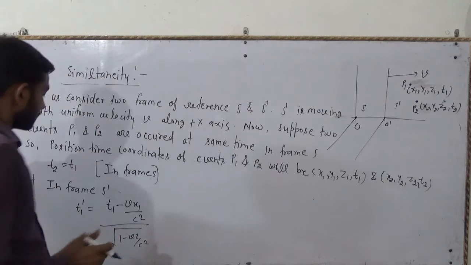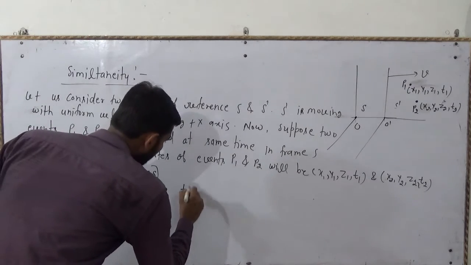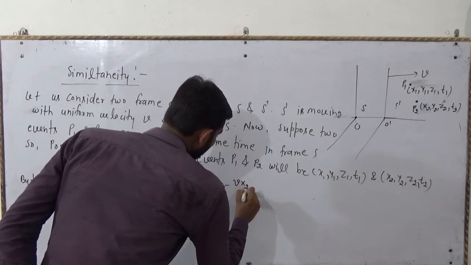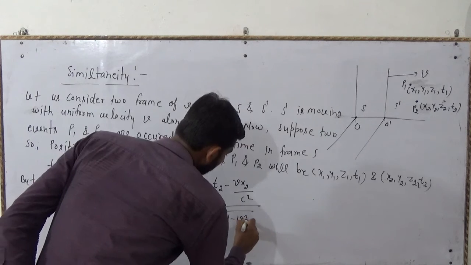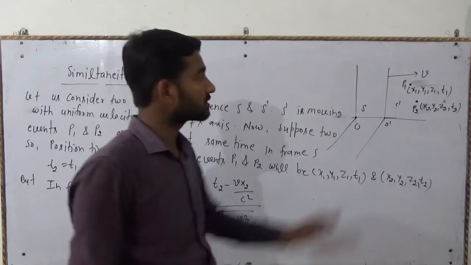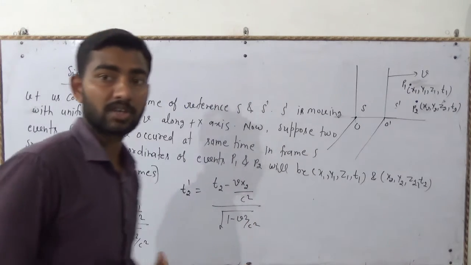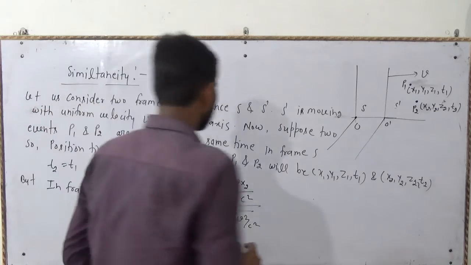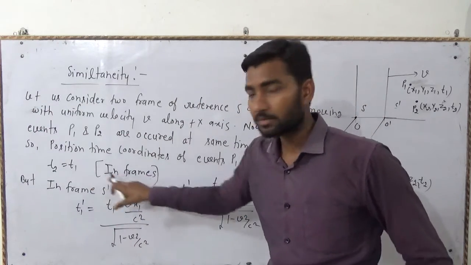Similarly, the value of T2 dash will be T2 minus V x2 by c square upon under root 1 minus V square by c square. These are the time coordinates in frame of reference S dash, which is moving with uniform velocity v along the positive x-axis direction.